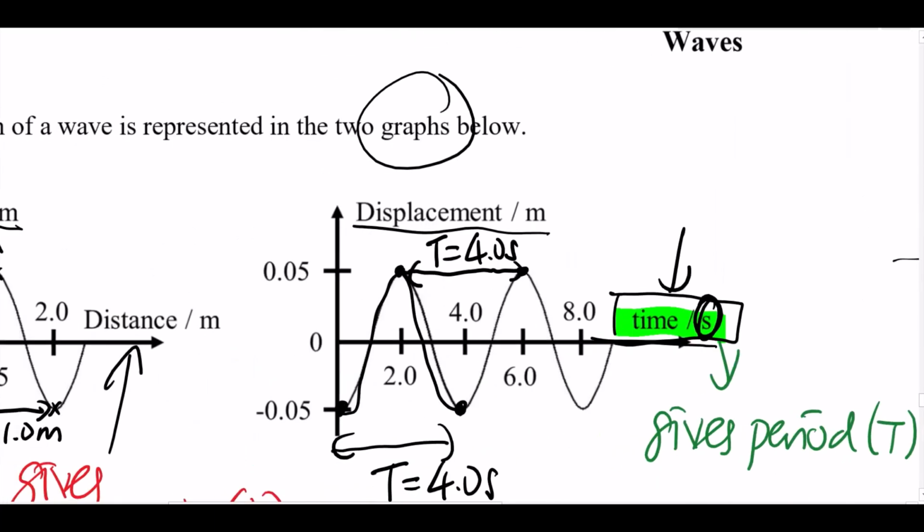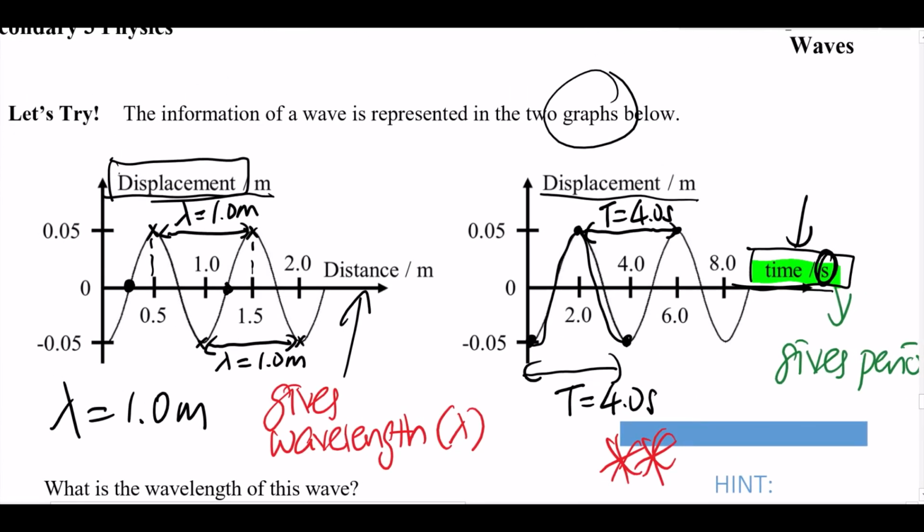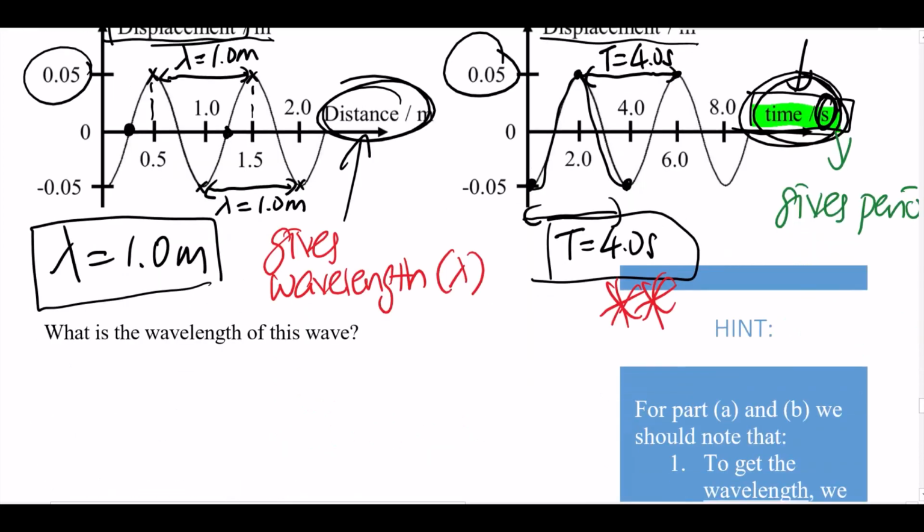Remember that. You can see that for both graphs, even though the x-axes are different, they carry the same information on the y-axis, which is that the amplitude is 0.05 meters, because they are describing the same wave. So we have obtained information about the wavelength and the period from two different graphs. Remember, always check the axis. Alright, moving on.